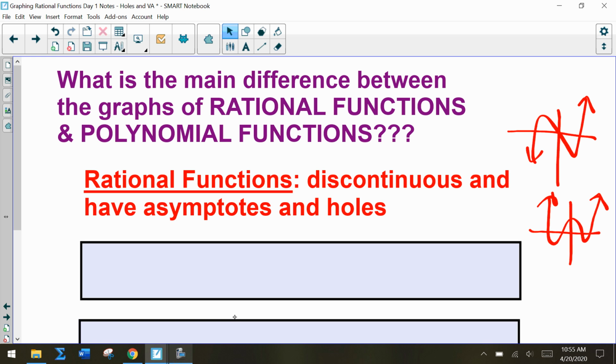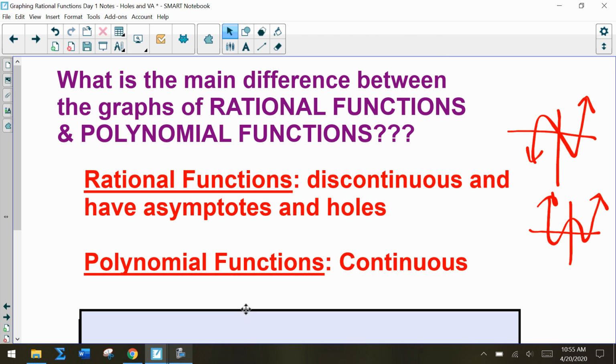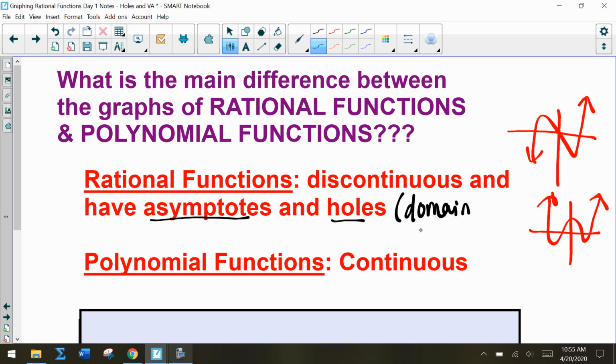So rational functions are discontinuous and have asymptotes and holes, and polynomials are continuous. The asymptotes and holes are domain restrictions. So a rational function has domain restrictions, whereas polynomial functions do not.